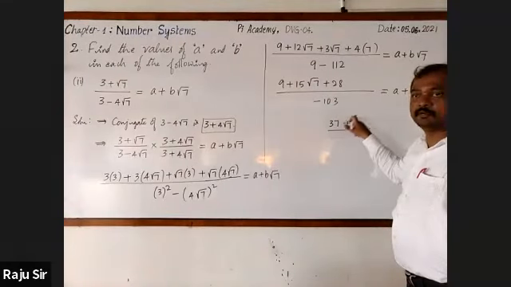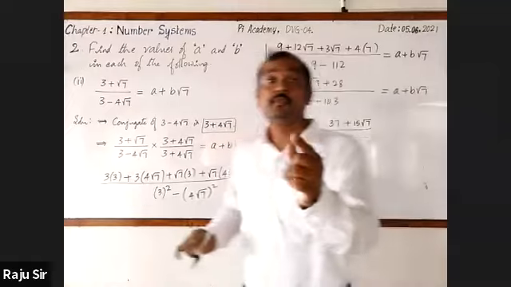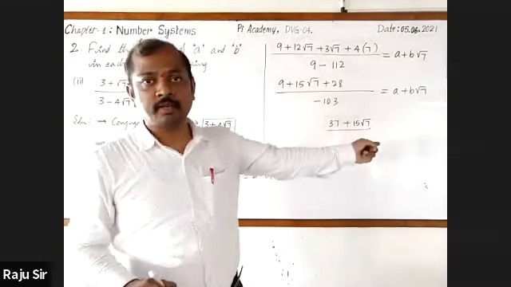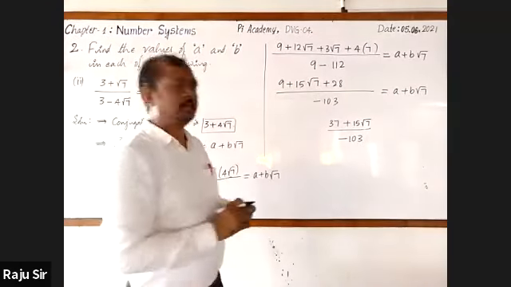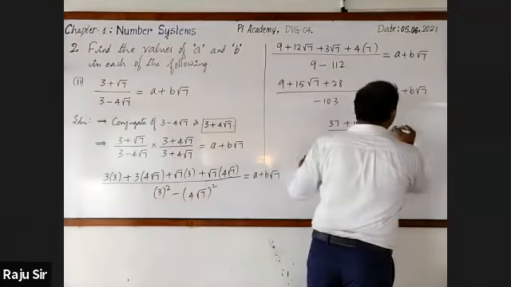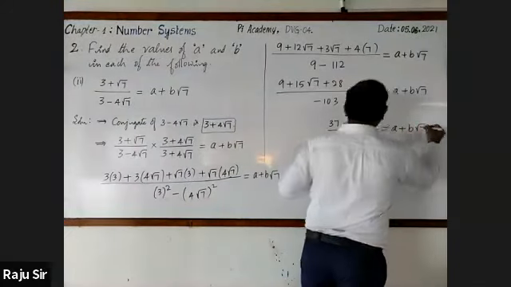It has been written. What is next one? 15 times root 7, divided by minus 103. This is equal to a plus b into root 7.